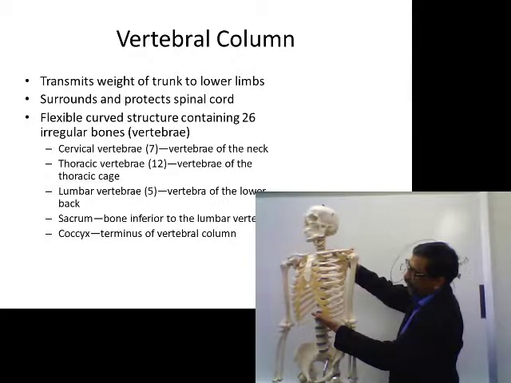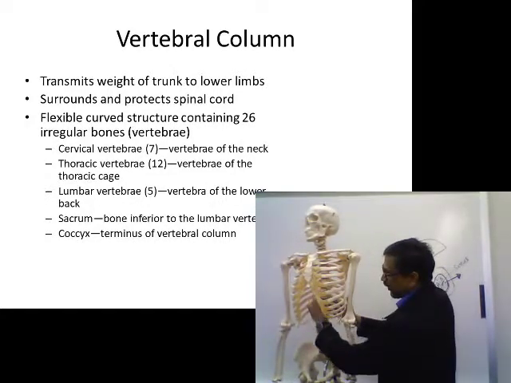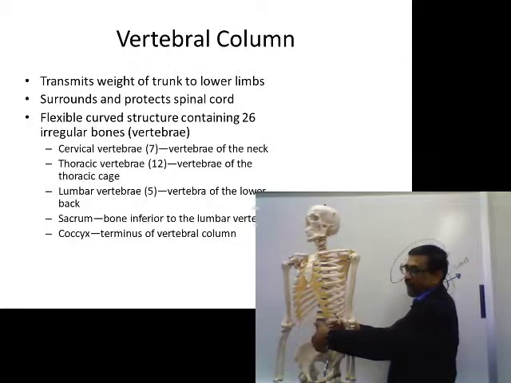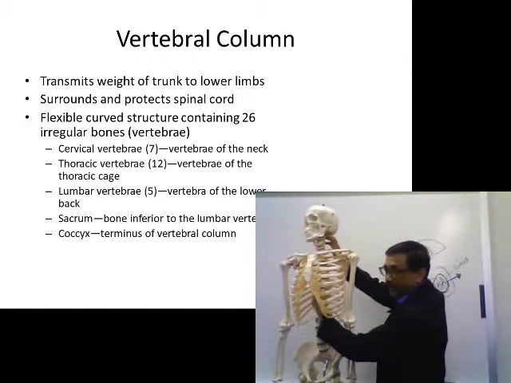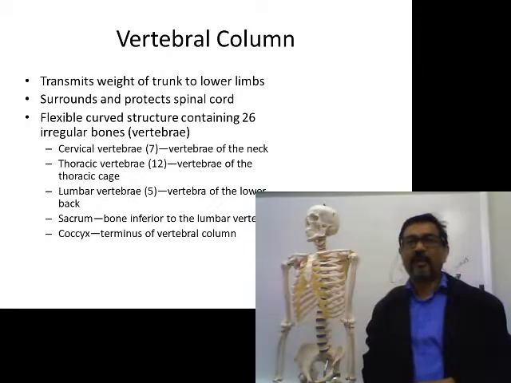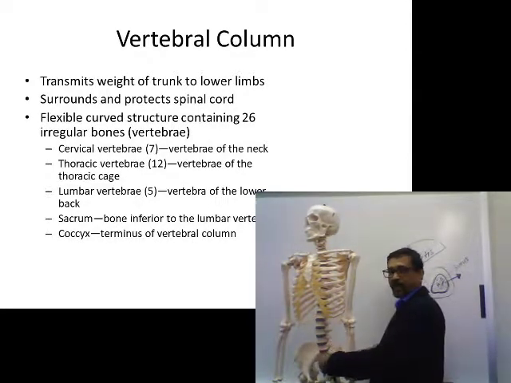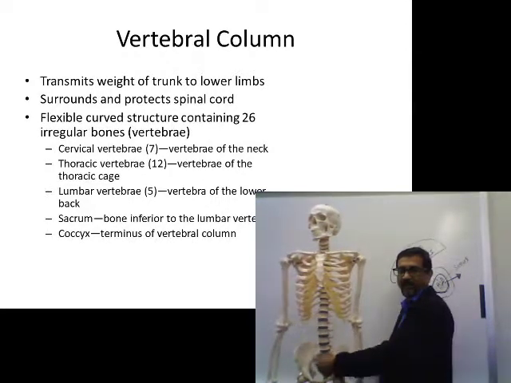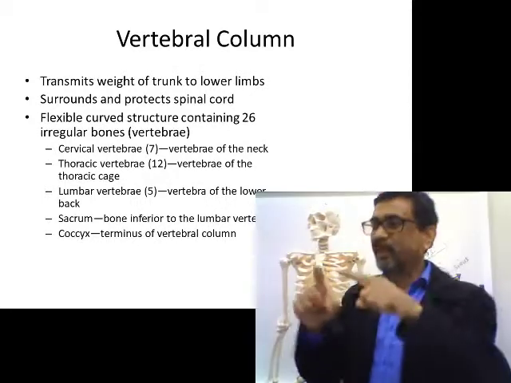So in the thoracic part, you have 12 here. And then the bottom 5 are lumbar. So 7 cervical, 12 thoracic and 5 lumbar. And then below the lumbar vertebrae, you have a large triangular bone. You see here, you already know that. This is the sacrum, a triangular shaped large bone.